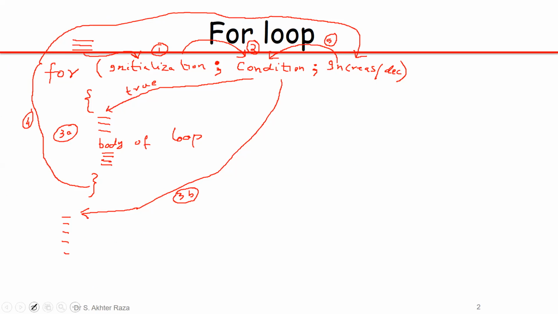I am just writing a simple example here with the for loop. Suppose I want to print 1 to 10. These numbers are to be printed on the screen. A very simple loop I want to create here. In the for, variable initialization, an integer variable I is going to be defined, int I = 0.